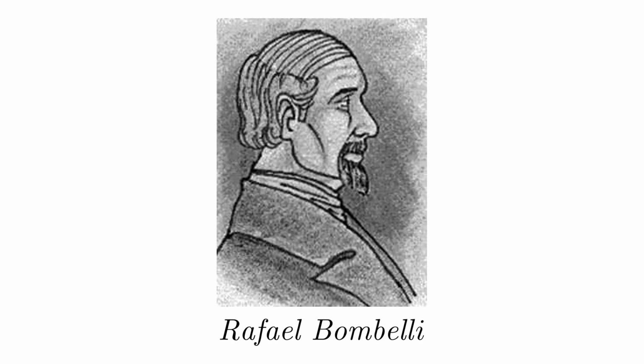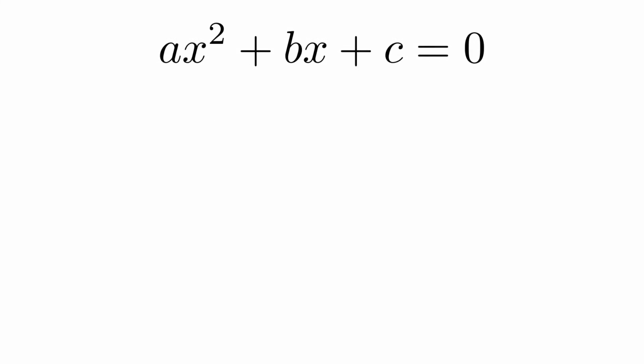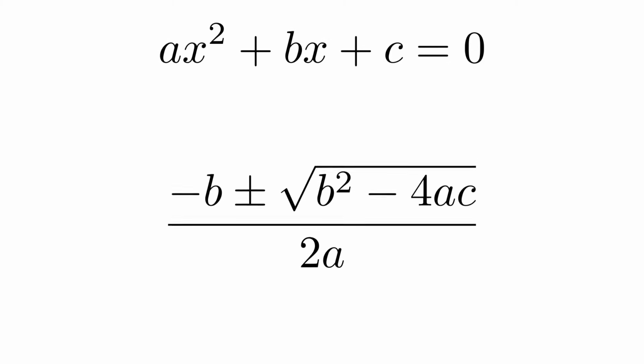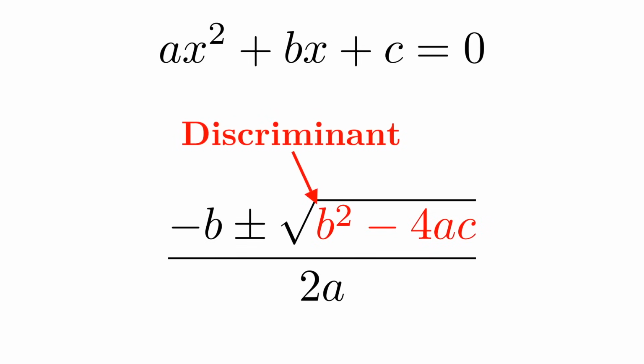To start, let's recall the quadratic formula, which gives the roots of a quadratic equation in terms of its coefficients. This number under the square root is typically called the discriminant of the quadratic, often denoted by a capital letter delta.